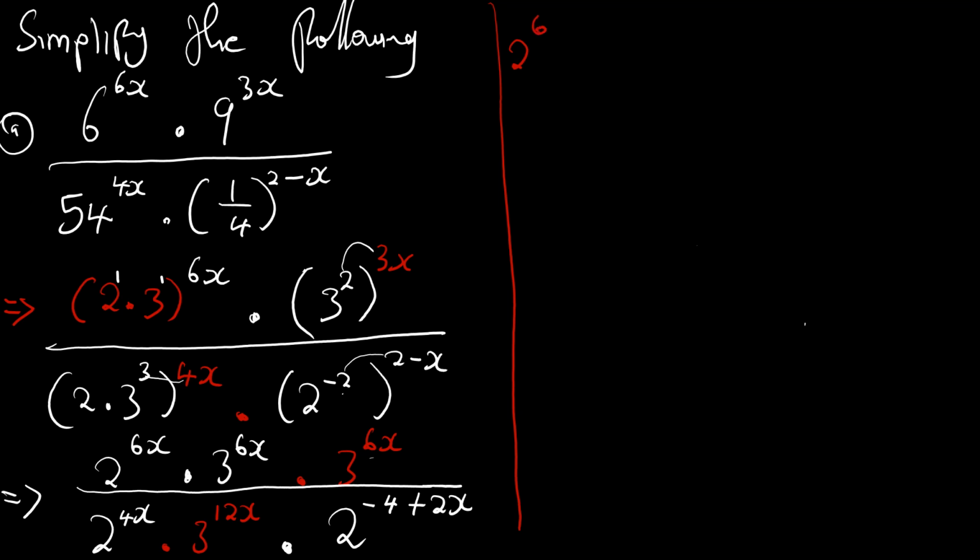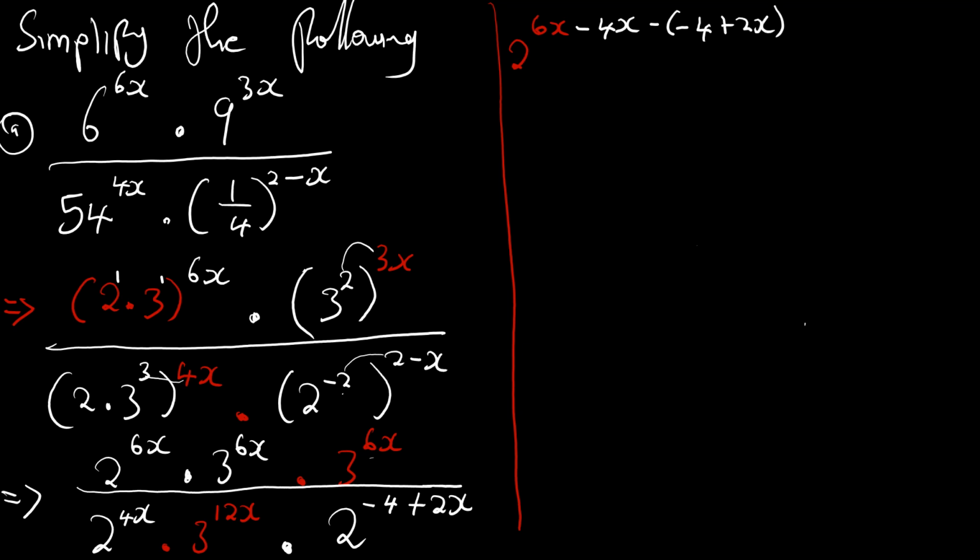We're having 2 to the exponent of 6x, dividing with this one, 2 to the exponent of 4x. So I'm going to subtract 6x minus 4x. Then again, this one of 2 to the exponent of negative 4 plus 2x is also dividing, so I'm going to subtract that exponent: minus, negative 4 plus 2x.